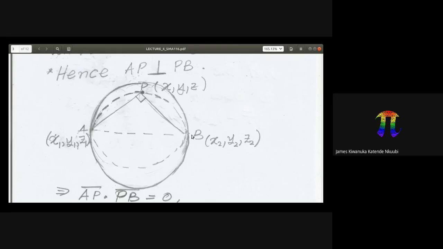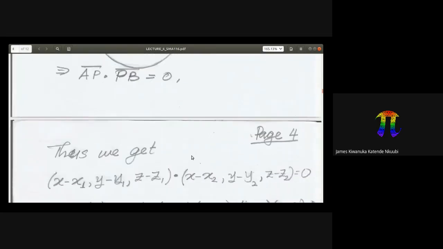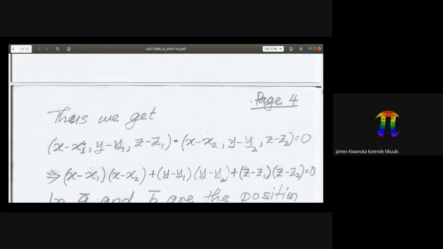So how you get the equation is simply by getting the vector AP and the vector PB, and their dot product should be equal to 0. With that, now you can get the equation of the sphere. So let's see how that works. You can get AP. This would be the position vector for AP, x minus x1, y minus y1, z minus z1.